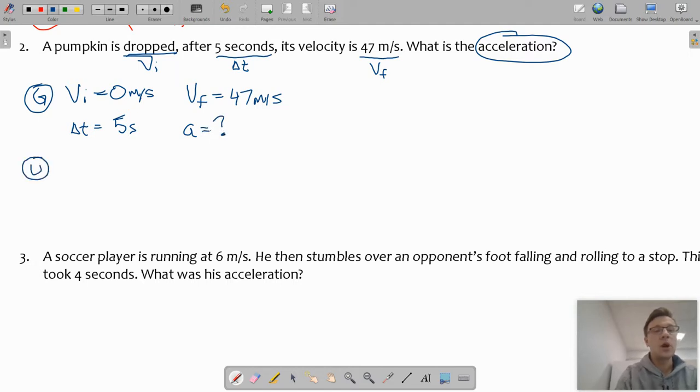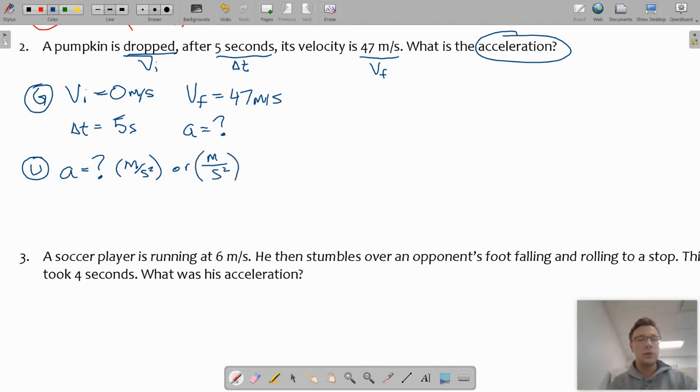Now, for our units for the unknown, again, I want you to rewrite the unknown. Acceleration is equal to question mark, and this is going to be in units of meters per second squared. Okay, and again, you can write this as m over s squared like this. It's the same thing, no different than the backslash version of it.